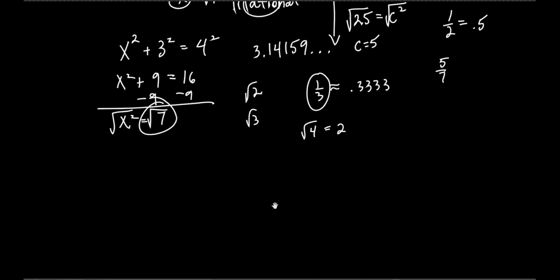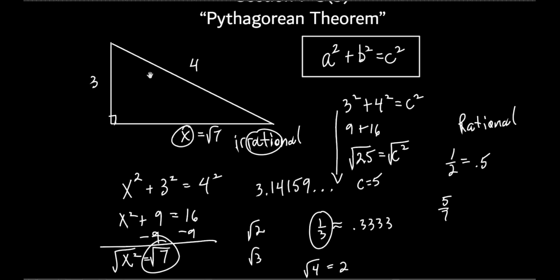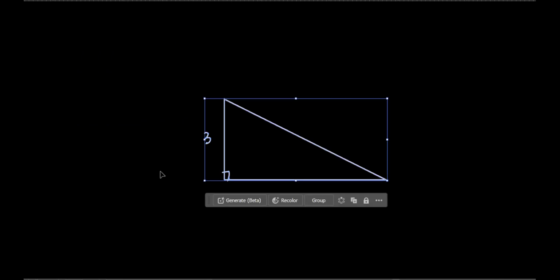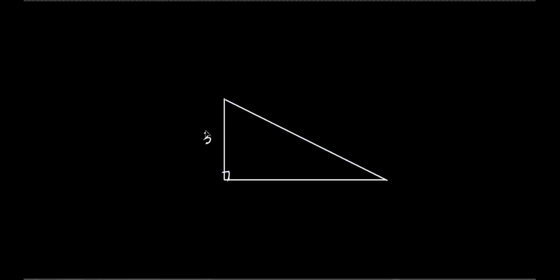Let's do that triangle again. I'm going to copy that, bring it down here, and paste it. All right. Keep that 3, 4, 5 triangle in mind. In fact, a lot of times you'll see it written like this: 3, 4, 5 triangle.